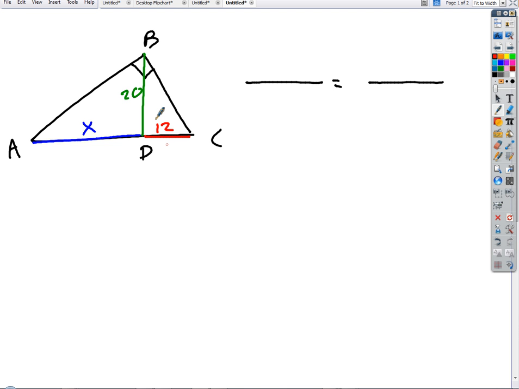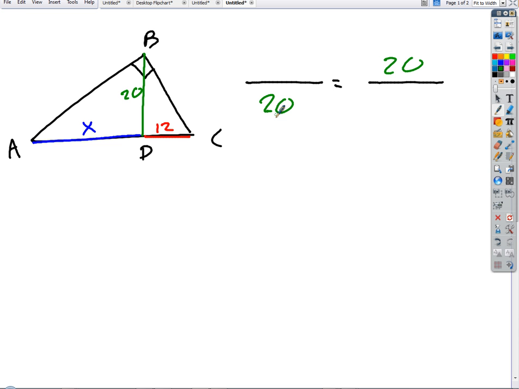Start with the geometric mean. What's the middle value of all those? The 20 is, isn't it? The altitude is the middle. And so that's the one that we can put on the bottom of one side and the top of the other side. That's what the geometric mean is. It doesn't make any difference what order you put them in, but you have to know what the other two pieces in that proportion are.